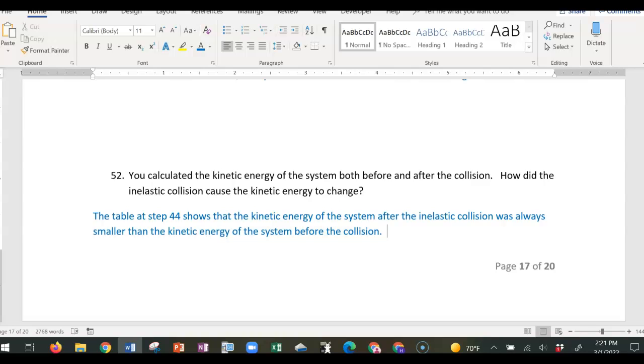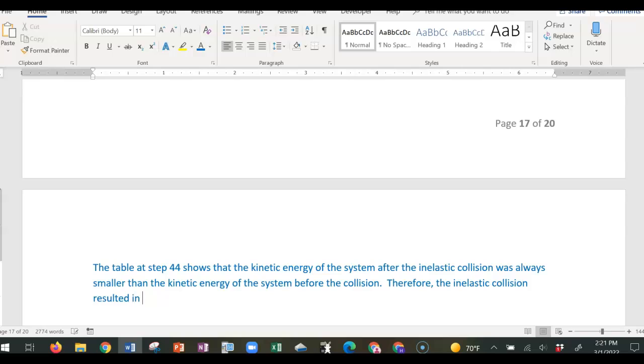Okay, and I said always because that was in every case. So therefore, the inelastic collision resulted in some of the kinetic energy redistributing to other energy storage modes.